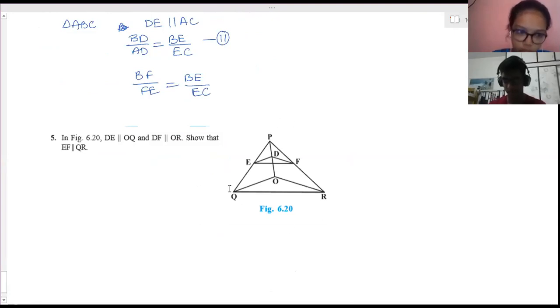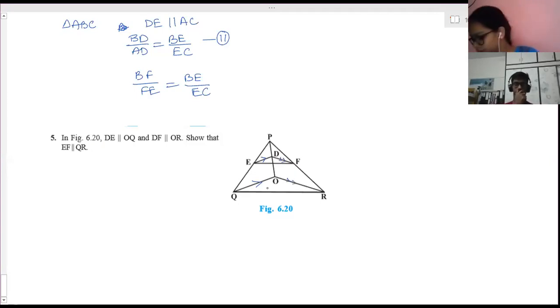In this big triangle, DE is parallel to QO, DF is parallel to OR, we have to prove EF is parallel to QR. So use two triangles. Now use this triangle POQ.